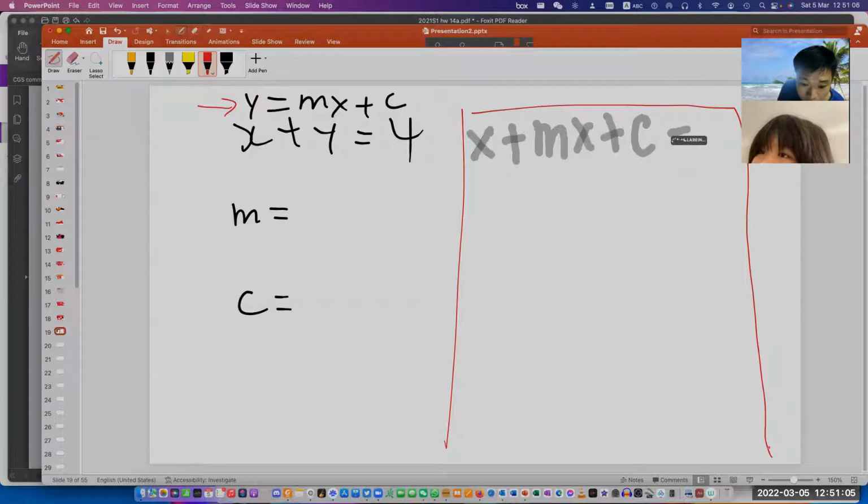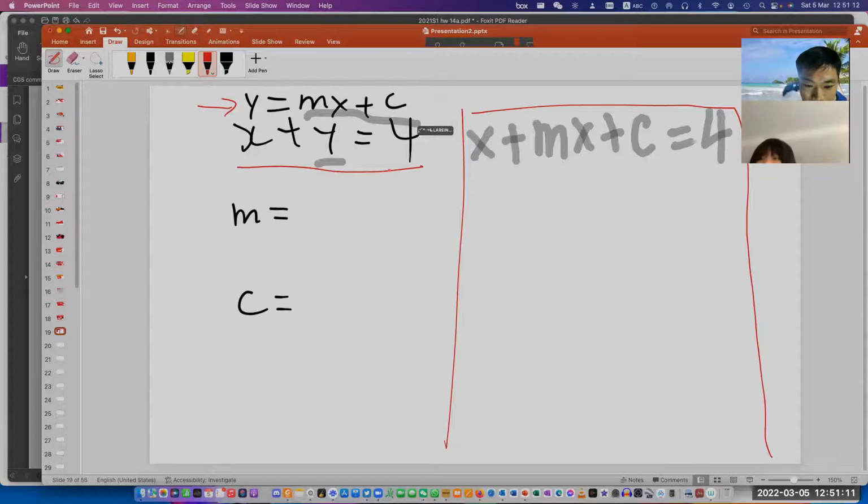What are you writing? What do you mean, x plus mx plus c equals to 4? I give you x. y equals to mx plus c. So it's also equal to x plus mx plus c. Okay, good. Why do you want to make it more complicated? I'm not saying you are wrong, but you are making it more complicated.